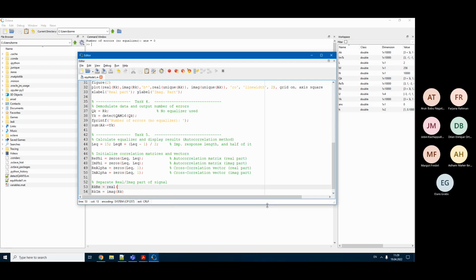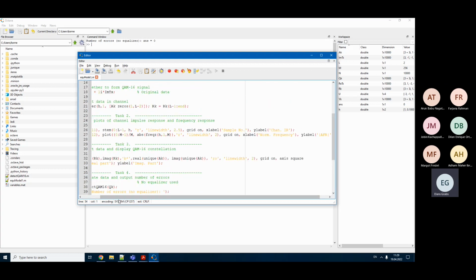Accordingly, RK real will be used to calculate the real phi autocorrelation matrix and real alpha cross correlation vector, and similarly, the imaginary phi autocorrelation matrix and imaginary alpha cross correlation vector will be calculated from the imaginary part, right?